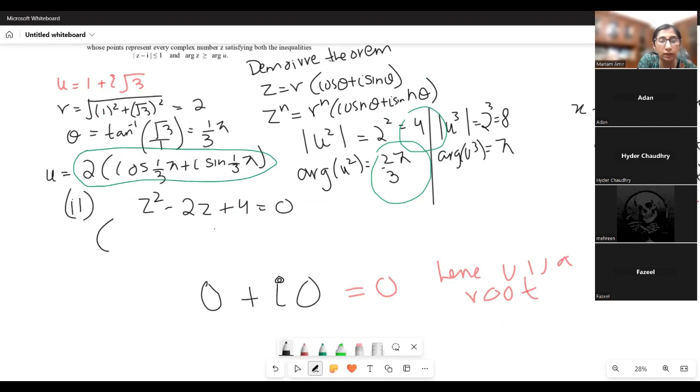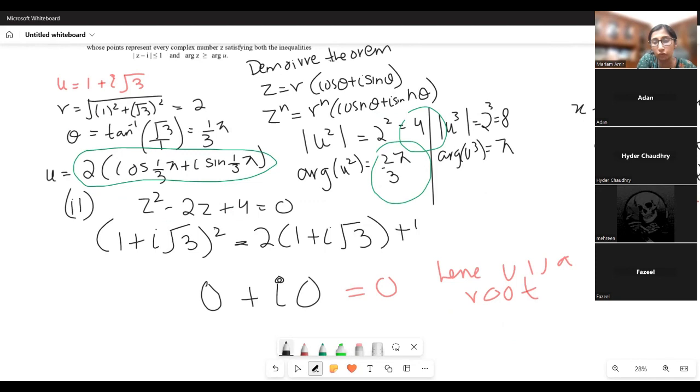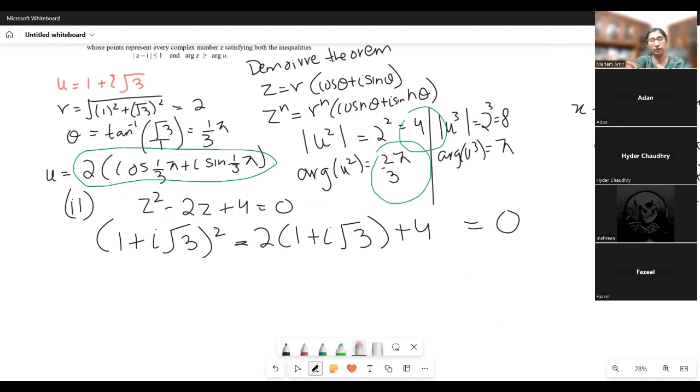So 1 plus iota under root 3 squared, minus 2 times 1 plus iota under root 3, plus 4. You must show that the left hand side is equal to 0. If the left hand side is equal to 0, then u is a root of this quadratic equation.